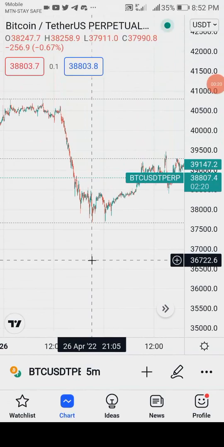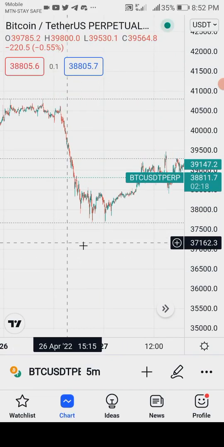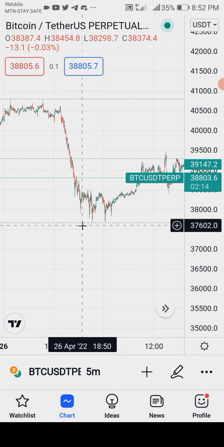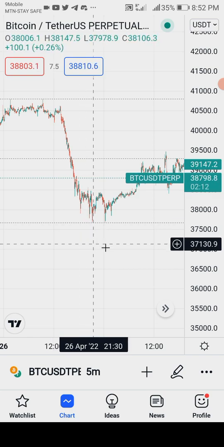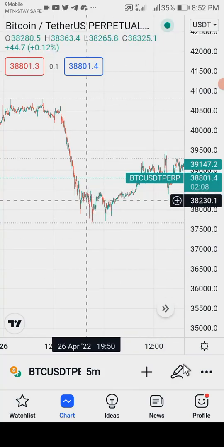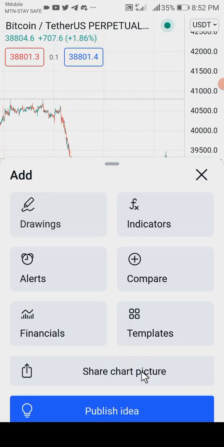The indicator I'm talking about is the Heiken Ashi RSI. So we are going to apply this indicator and make some little changes in it. To apply this indicator, you hit on this plus button here.